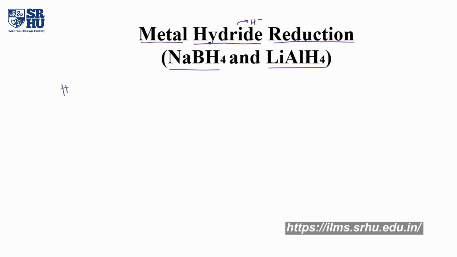In organic chemistry, when you say the term reduction, it means there is a conversion of a higher functional group to a lower functional group. For example, carboxylic acid is a senior functional group, as you all know from IUPAC nomenclature.